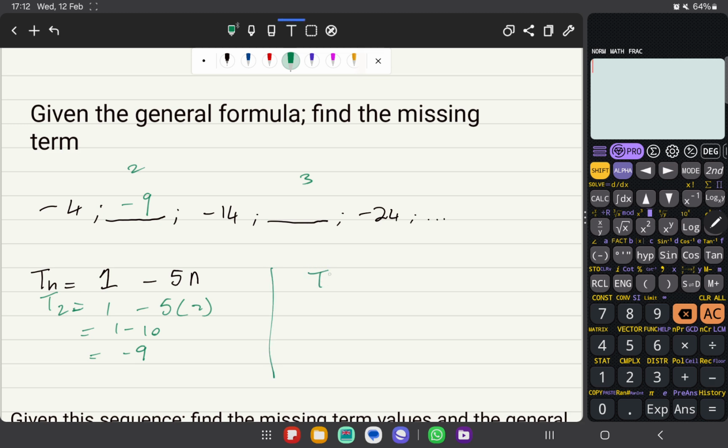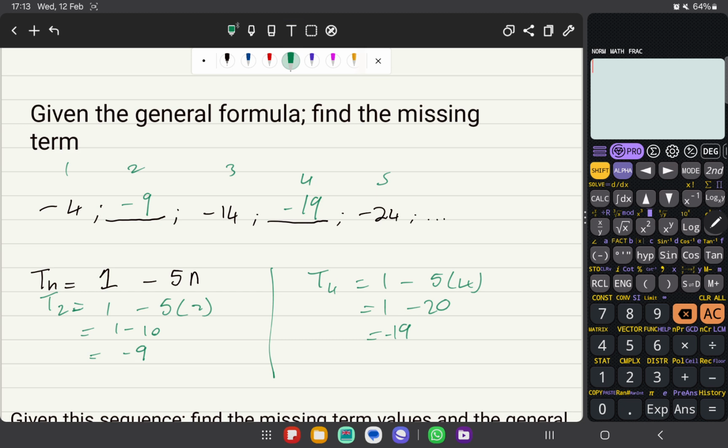Actually, this is term number 4, not term number 3. It's 1, 2, 3, 4, and 5, right? So now you go term number 4. Term number 4 equals 1 minus 5 into 4, right? You get 1 minus 20 and you get negative 19, right? Then bang, you are basically done.